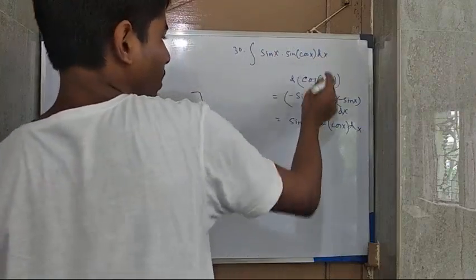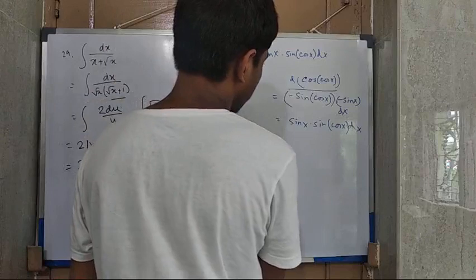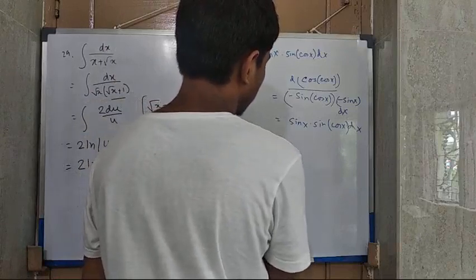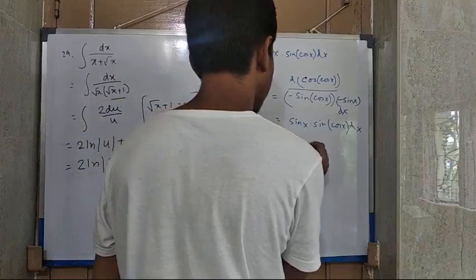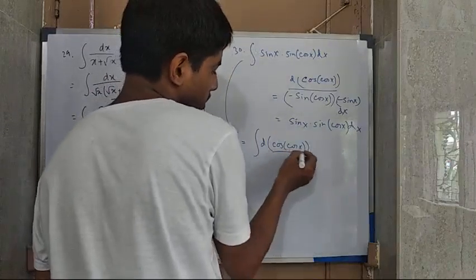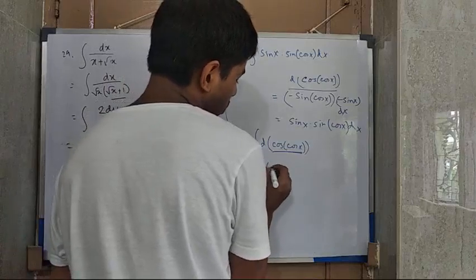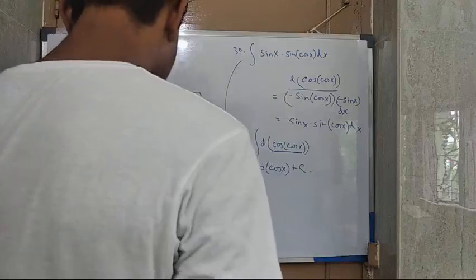So this can be written as the differential of cos of cos x. Integrating a differential will give us this, and this is cos of cos x plus c. So this is the answer for the 30th question.